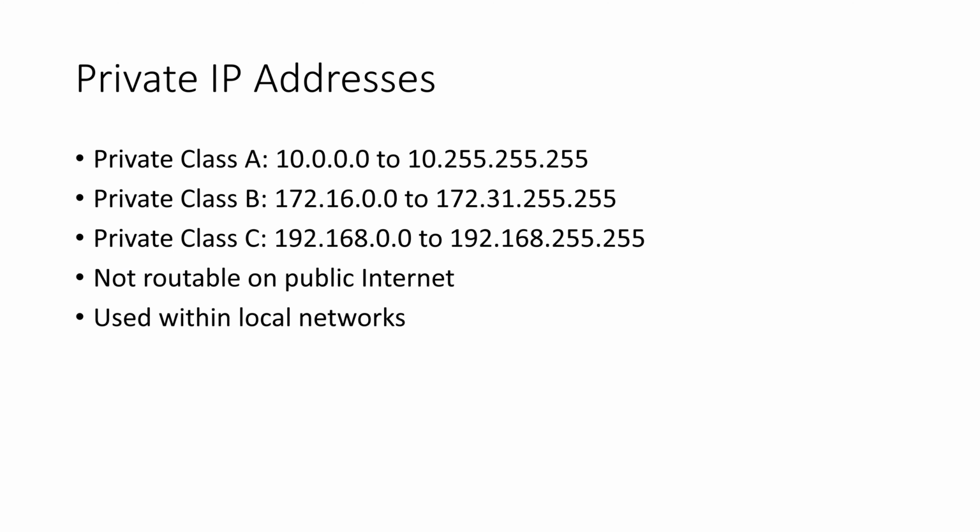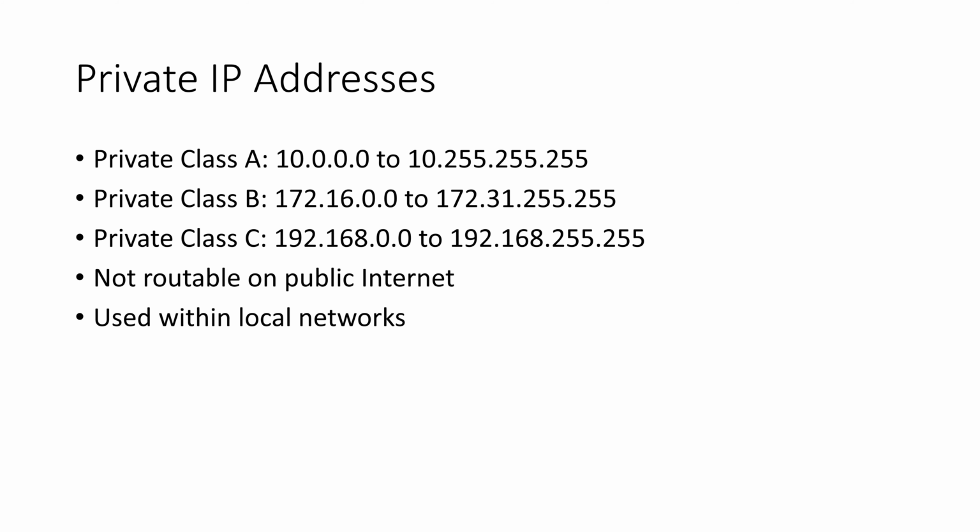Now, private IP addresses are special ranges reserved for internal network use, and they are not routed on the public internet, which means you can reuse them in multiple private networks without any conflicts. So, the Class A private range is from 10.0.0.0 to 10.255.255.255. The Class B range is from 172.16.0.0 to 172.31.255.255.